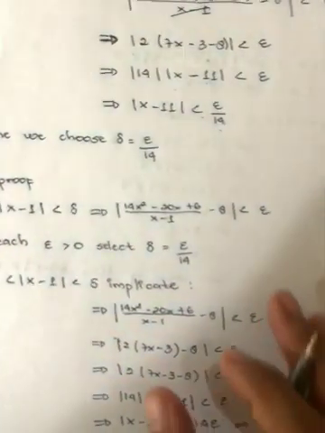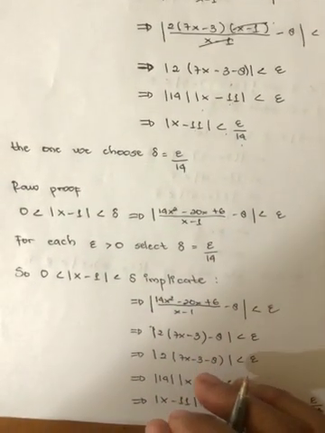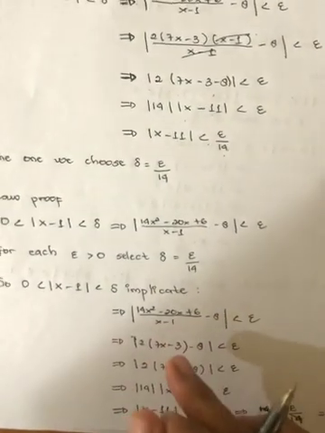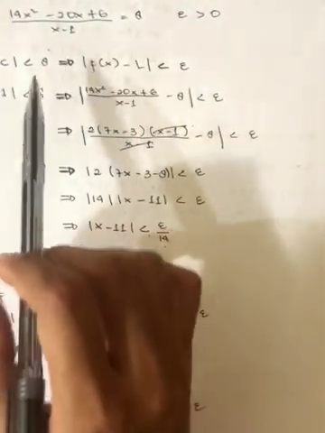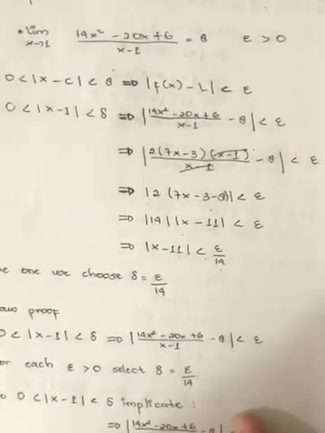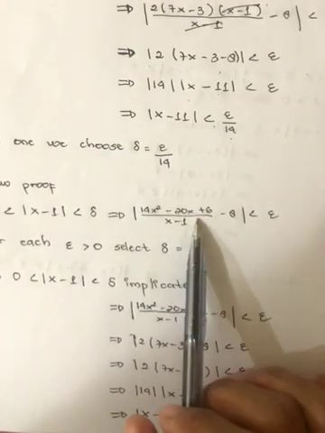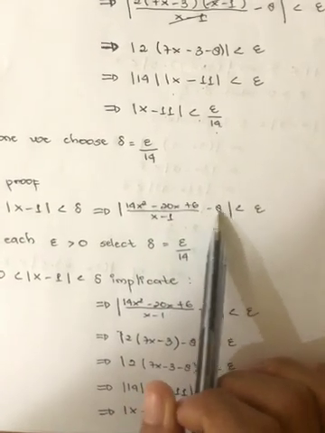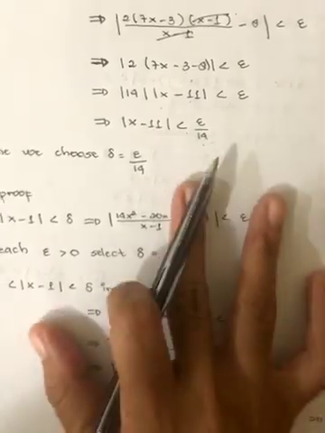So we can conclude that the absolute value of (14x squared minus 20x plus 6) per (x minus 1) minus 8 is less than epsilon. Is it proven?